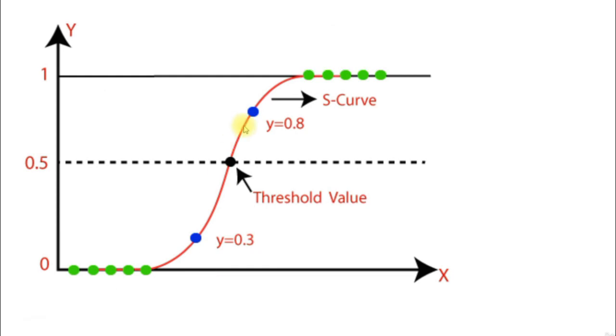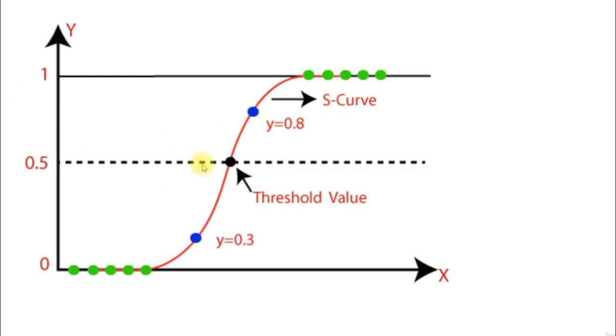So let us understand logistic regression with the help of this image. Here we are setting the threshold value at 0.5. Whatever probability logistic regression gives, let's say it predicts y = 0.8. As 0.8 is above the threshold value of 0.5, we'll consider it 1.